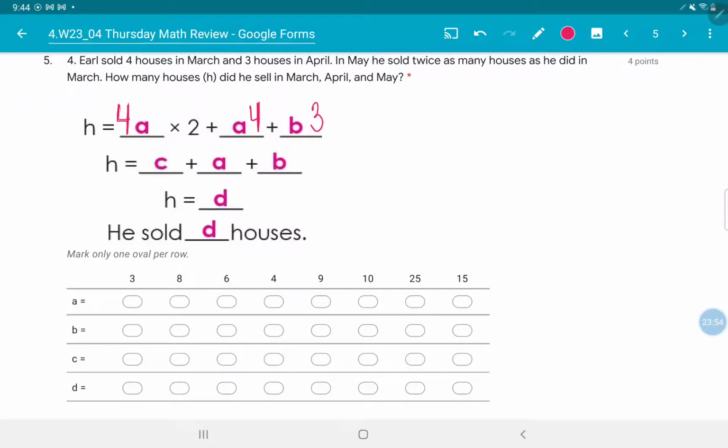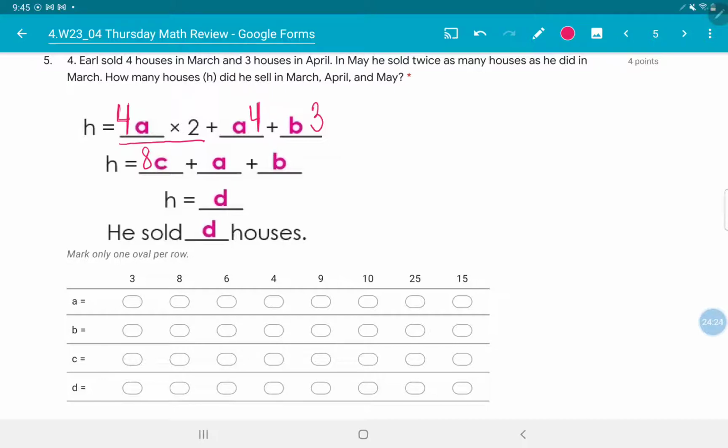When I'm working a problem that has more than one step in it, are there any parentheses to tell me what to do first? No. So I look for any multiplication or division. Do I have any multiplication to do? Yes. What do I need to multiply, Amy? 4 times 2. I'm going to do 4 times 2, which equals what? 8.